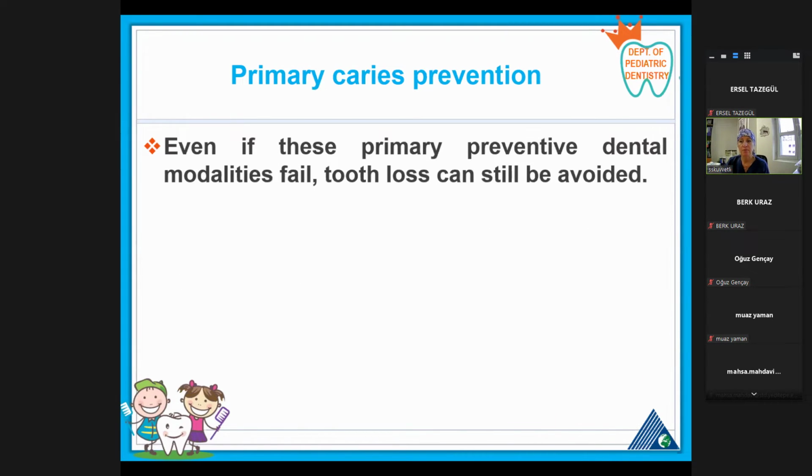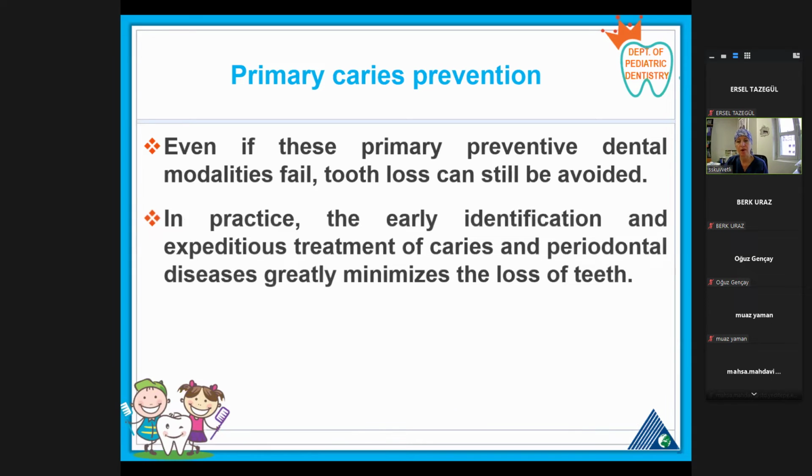Even if these primary preventive dental modalities fail, tooth loss can still be avoided. In practice, the early identification and expeditious treatment of caries and periodontal diseases greatly minimizes the loss of teeth.